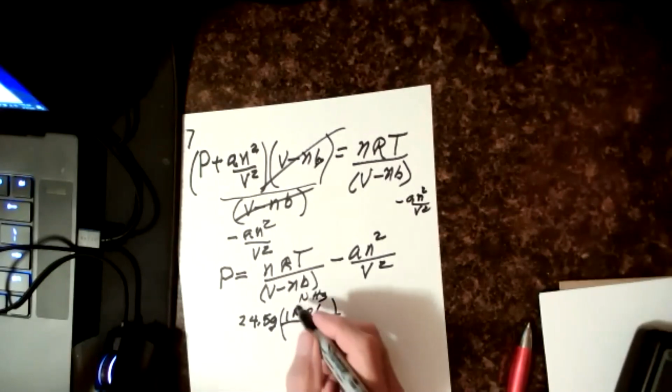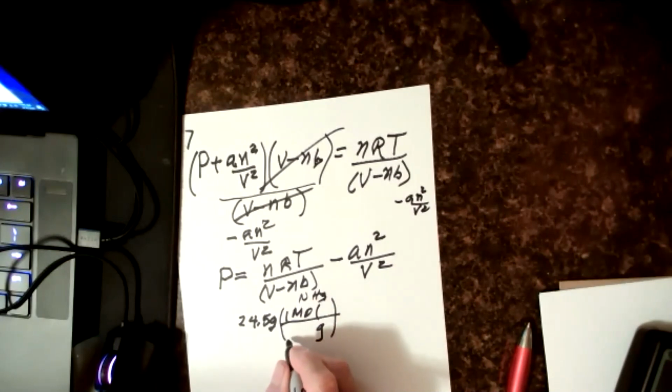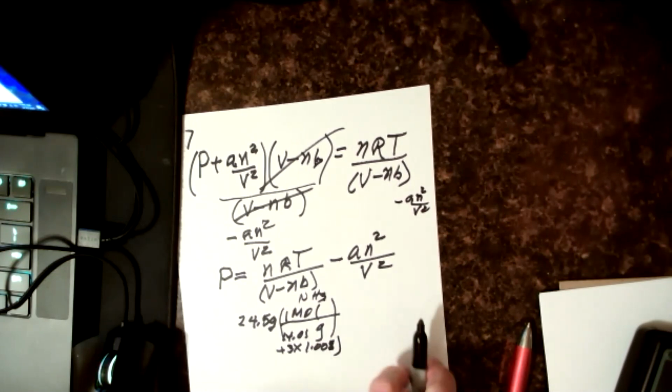One mole of the compound has 1 nitrogen and 3 hydrogens, so that's going to be 14.01 plus 3 times hydrogen, which is 1.008. That's okay, carrying one more extra significant figure there than I need.